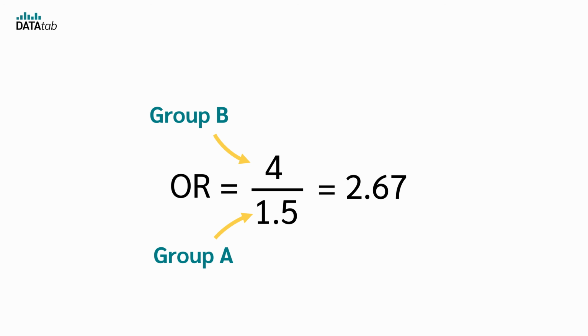Then the odds ratio would be the odds in group B divided by the odds in group A. In this case, the odds ratio of approximately 2.67 means that the odds of being diseased in group B are 2.67 times higher than the odds of being diseased in group A.